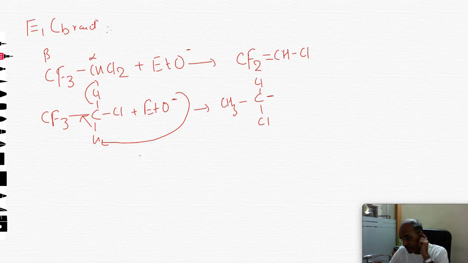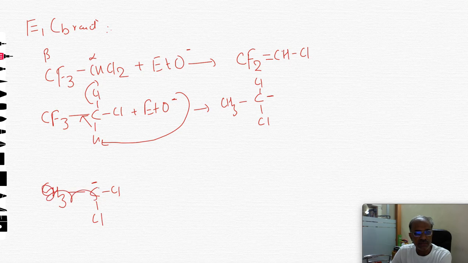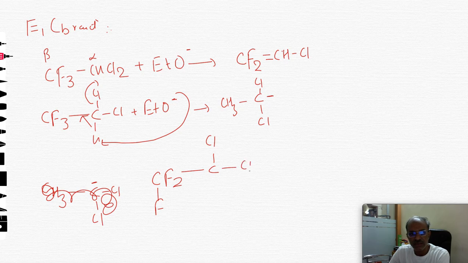So there is a formation of a carbanion. Now this is CF2, and this is F, C, Cl, and this is negative charge.